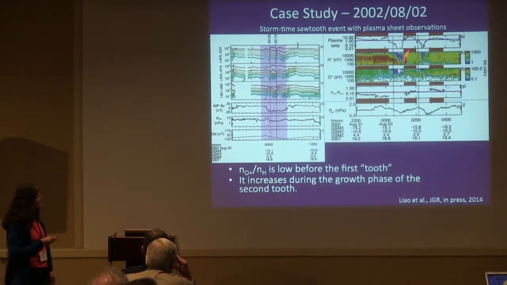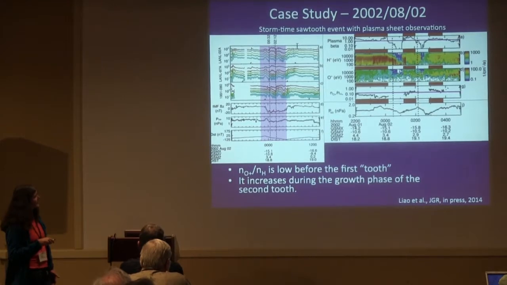You can see that the second sawtooth really looks like the classic substorm. This is the total pressure, so you see, again, the total pressure increase during the growth phase and then the decrease during the expansion phase. The first one is a little bit less classic.